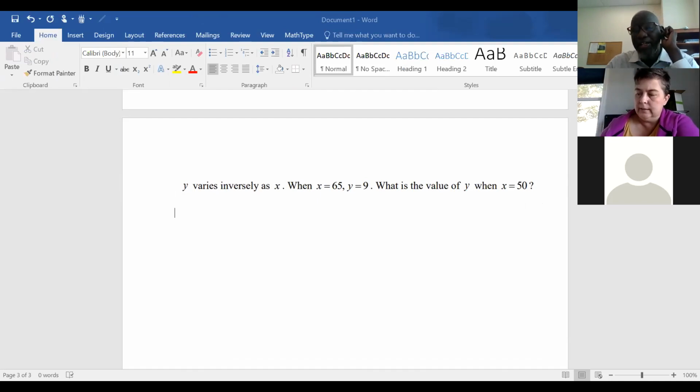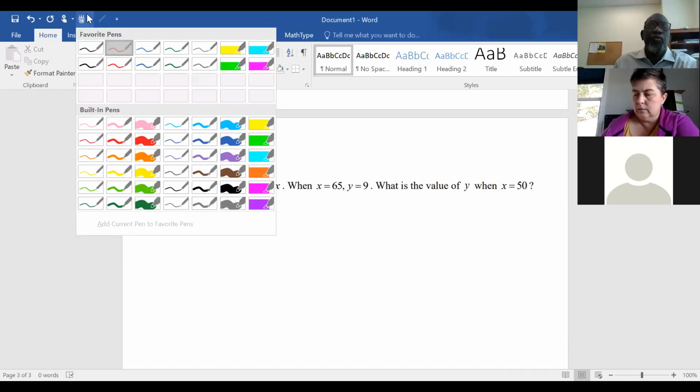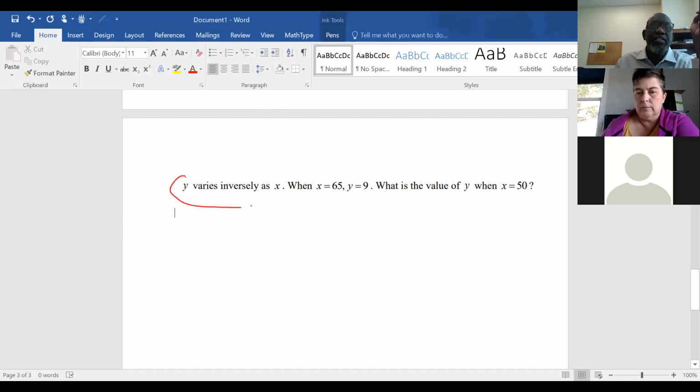When X is 65, Y is 9, right? So when I see this, it allows me to write Y equals K over X, okay?